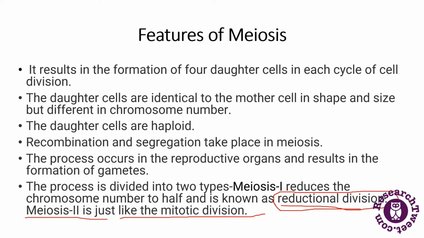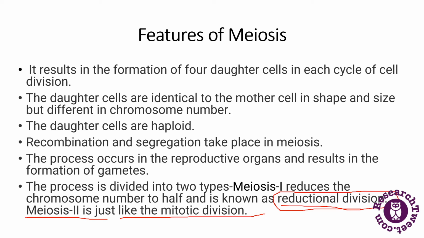What is happening in meiosis 1? In meiosis 1, there are the stages prophase 1, metaphase 1, anaphase 1, telophase 1 and cytokinesis. Prophase is the longest phase in meiosis 1.